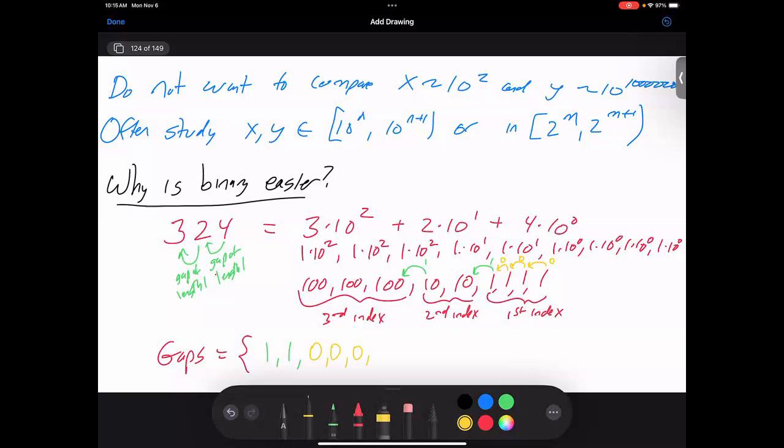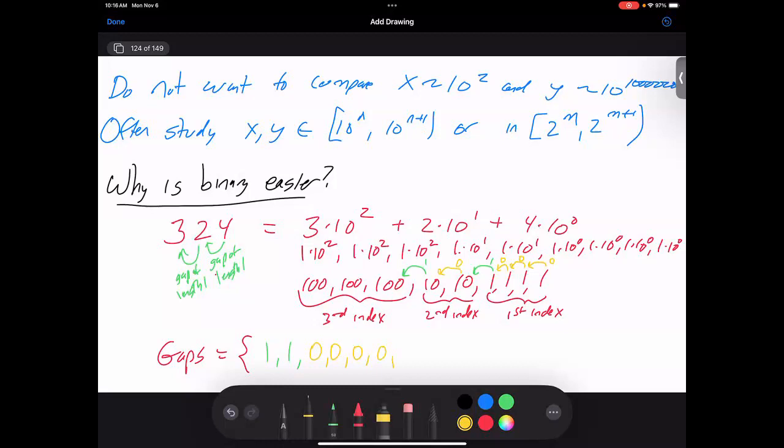What about the second index? Do we get any gaps of length 0 from that? When we look at the second index, are there any gaps of length 0? There should be one gap of length 0 when we go from 10 to the next 10.